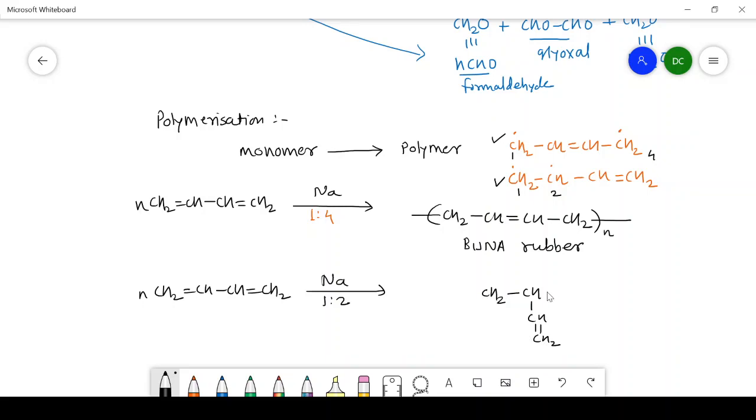Now the second molecule is going to add at the second carbon, and that's why we write a bond like this, and we put here a bracket and here n. In this way, a 1,2 addition takes place at the first carbon and second carbon. But in this case, we get a branched chain polymer. The name is the same. It is a polybutadiene or Buna rubber.